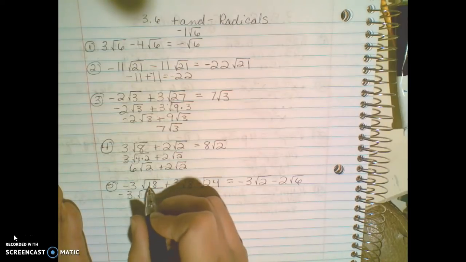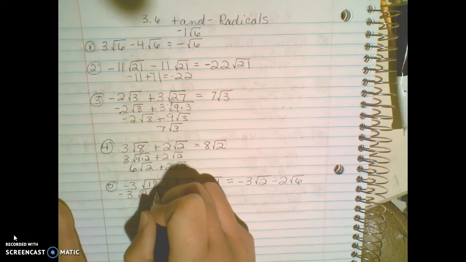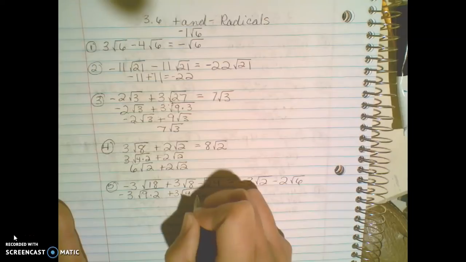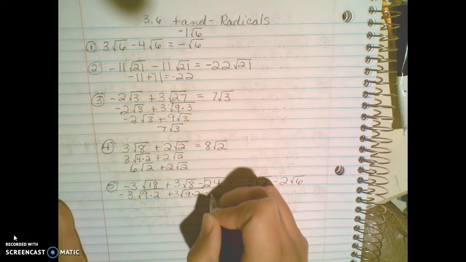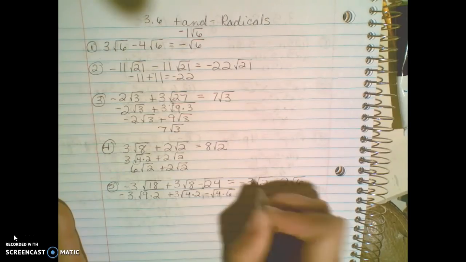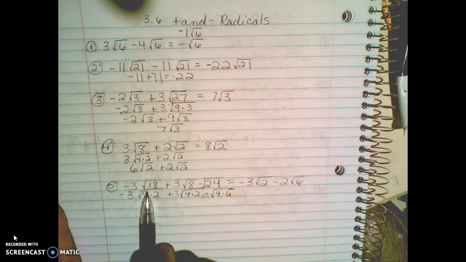So negative 3, and then 18 can break down into 9 and 2, plus 3, 8 breaks down into 4 and 2, and then minus 24 breaks down into 4 and 6. And I'm always looking to break it down into something where one of the factors is a perfect square.